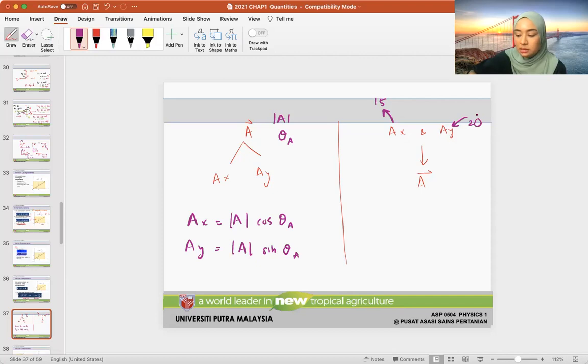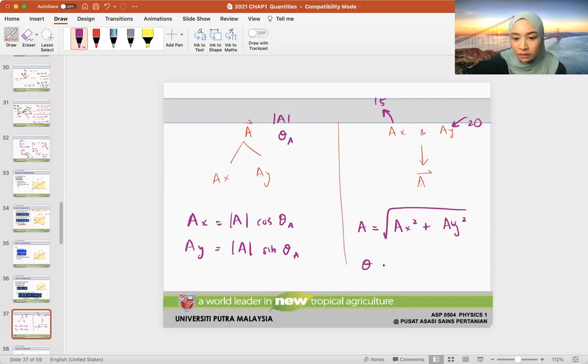Okay, AX is on the X axis, AY is on the Y axis. You will only know the magnitude. So how do we find the vector A? Using the equation A equals the square root of AX squared plus AY squared. Okay, square root the whole thing.